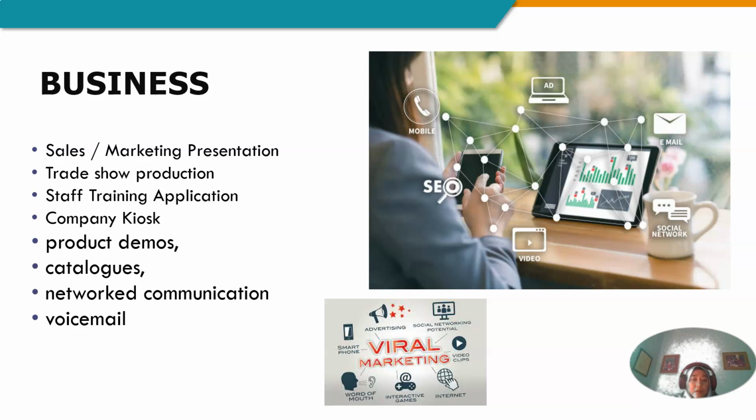There are a lot of things we can discuss in business, but the major idea is that multimedia is used for presentation in terms of graphics, and video to promote your product. For example, you use social networking to advertise your products and services. That is the function of multimedia in business.